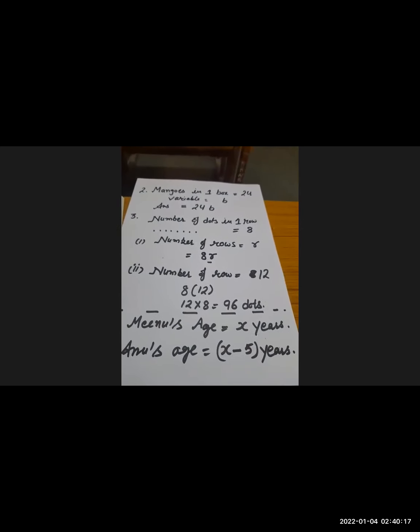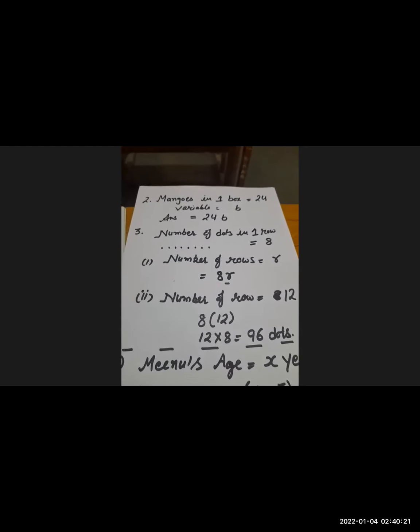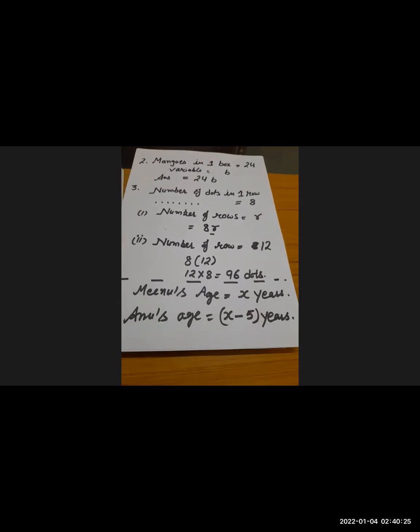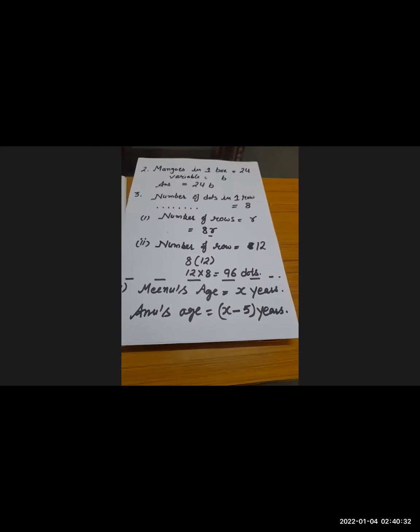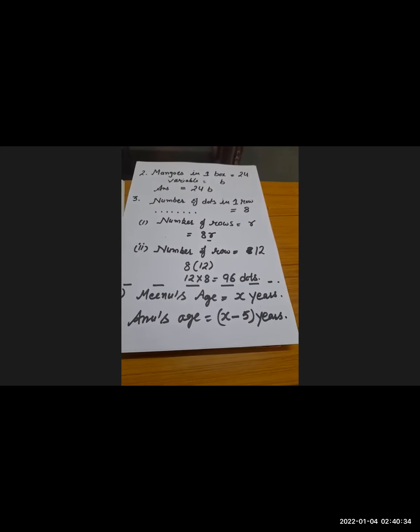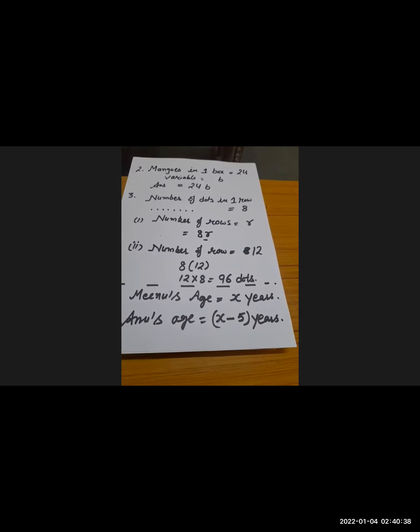Clear, students? This is question second, third, and fourth. Clear, students? Next is fifth question.